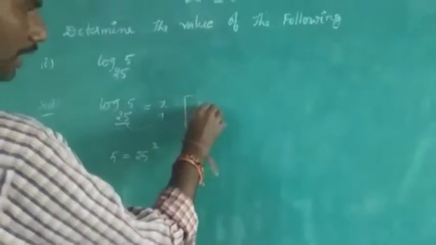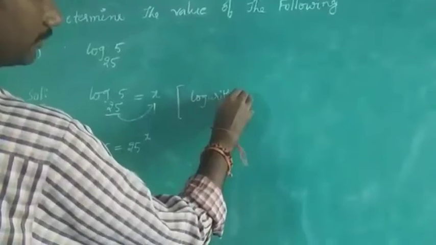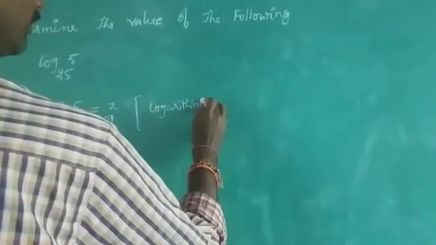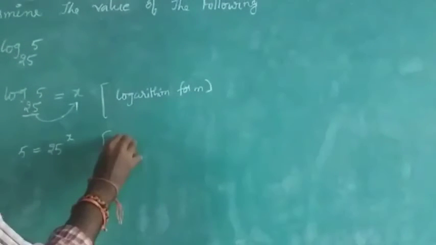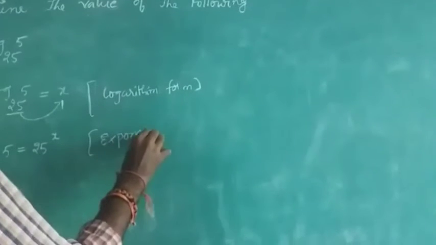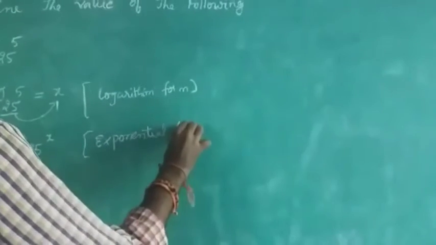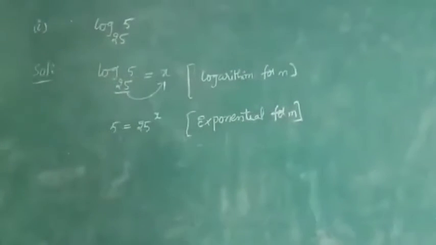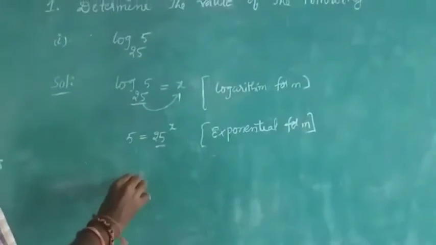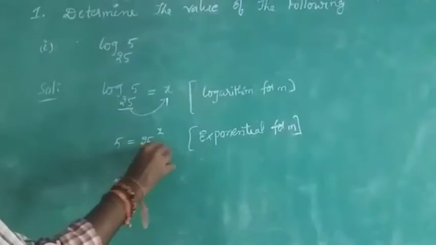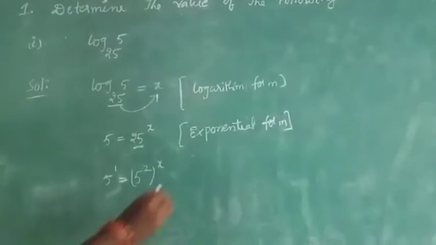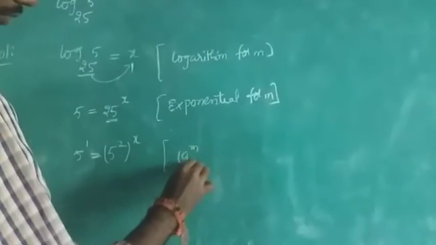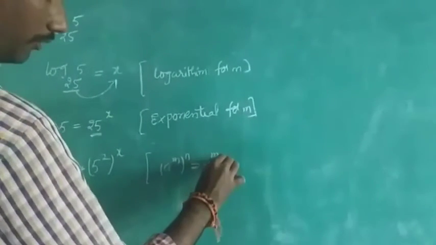It is now in exponential form. Observe it: 5 you can write as 5 to the power of 1, and 25 you can write as 5 squared, all to the power of x. Here we apply the formula a to the power of m, all to the power of n, equals a to the power of mn.